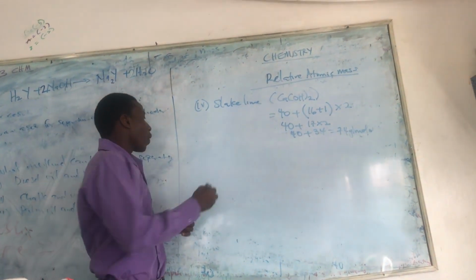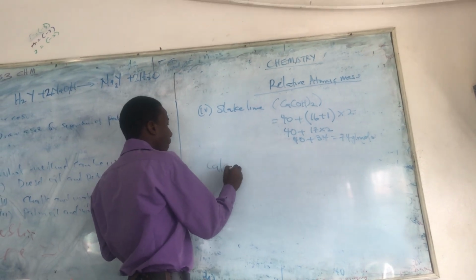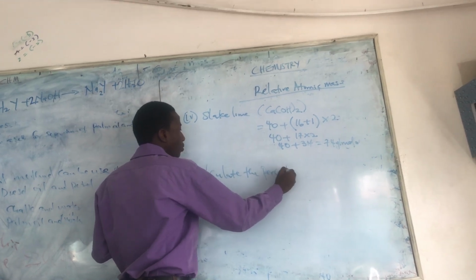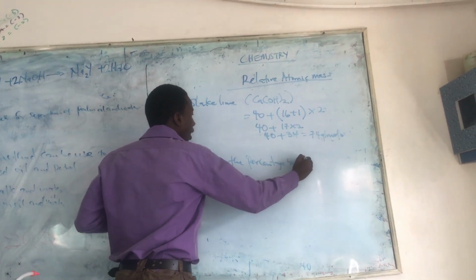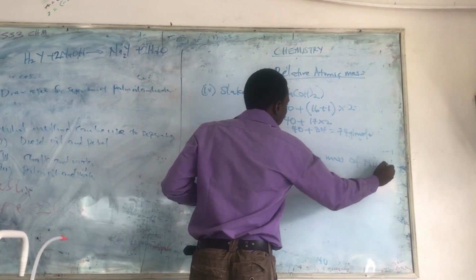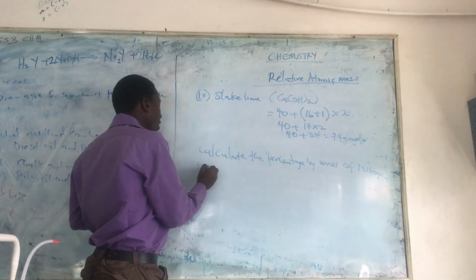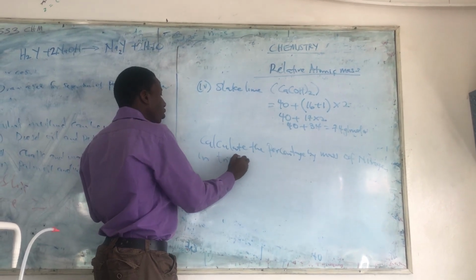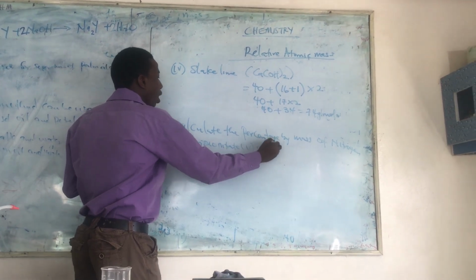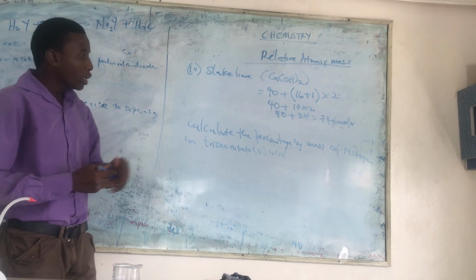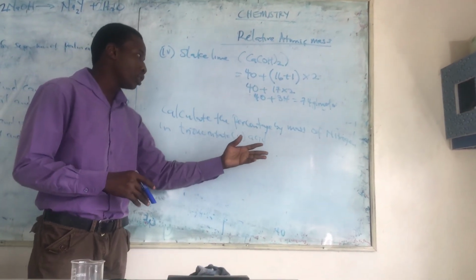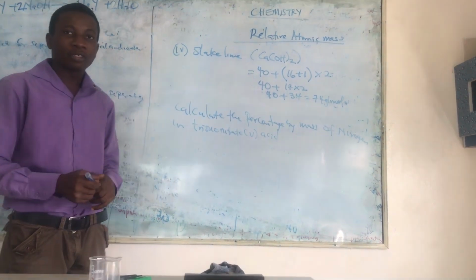For example, calculate the percentage by mass of nitrogen in trioxonitrate(V) acid. So this is a question. Calculate the percentage by mass of nitrogen in trioxonitrate(V) acid.